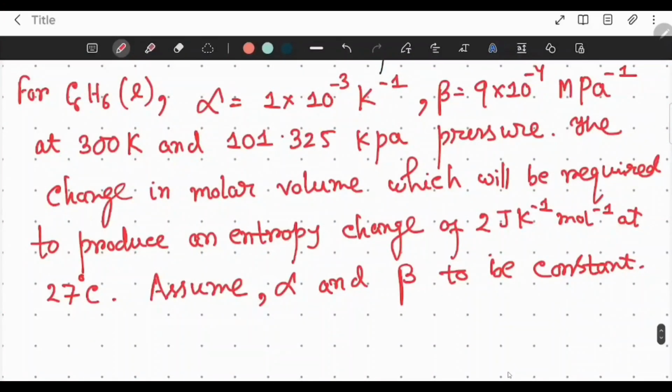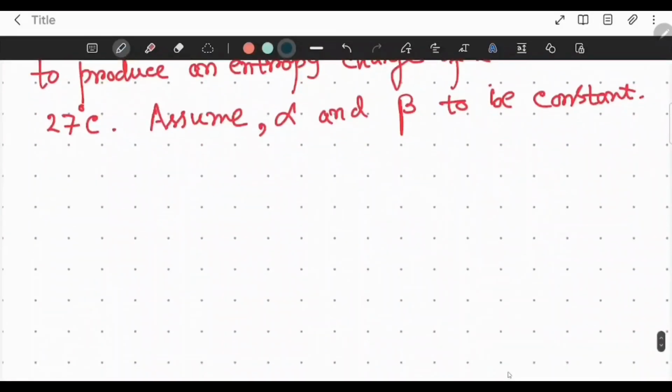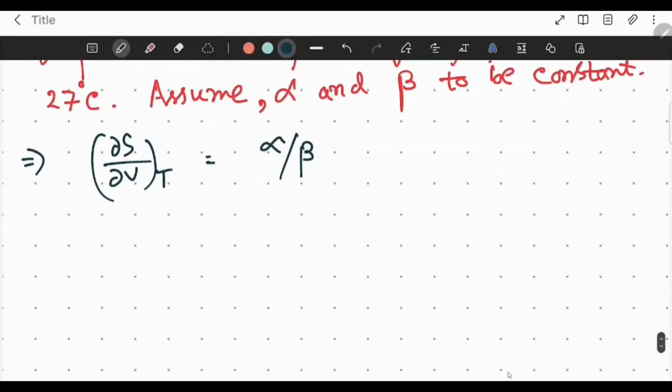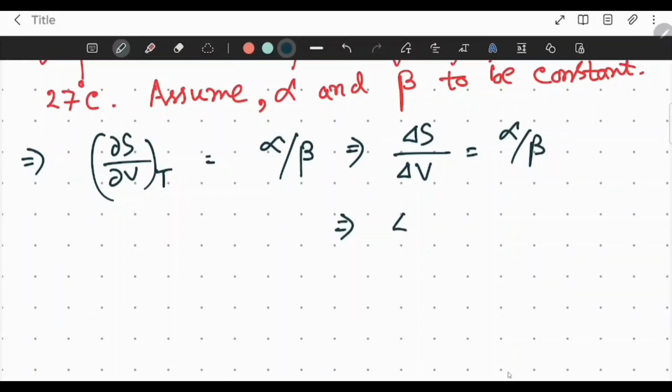Okay, we have to find out the del V. So we know (∂S/∂V)_T equals alpha by beta. Alpha and beta are given, and this is constant eventually. So we can write from here del S by del V equals alpha by beta. So del V we have to find out.